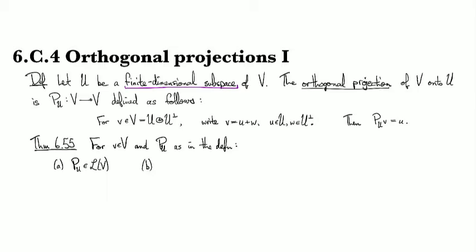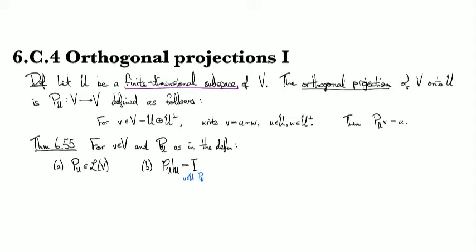I wrote it above just as a generic function, that's this notation, but it's actually linear. So that's the content of part A. Part B is that if I look at the projection onto U and I restrict it to the subspace U, then it just acts as the identity. This means that if u is in the subspace already and I apply the projection operator to it, then nothing happens.